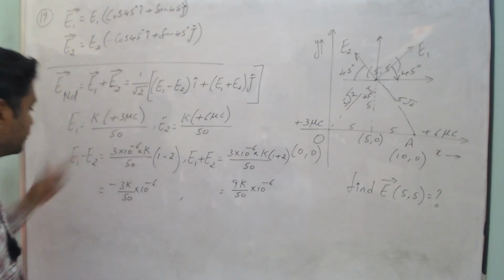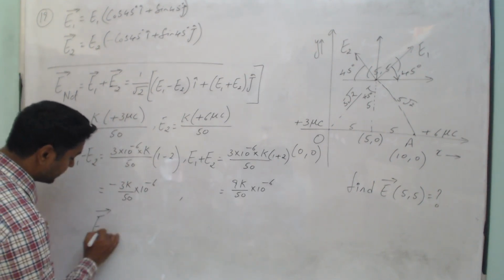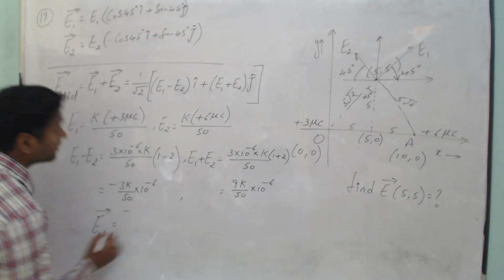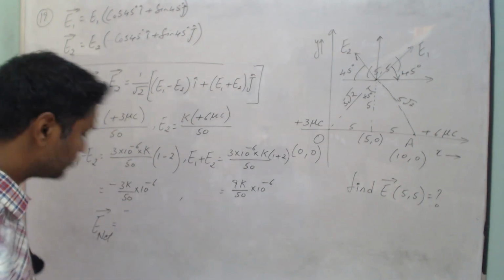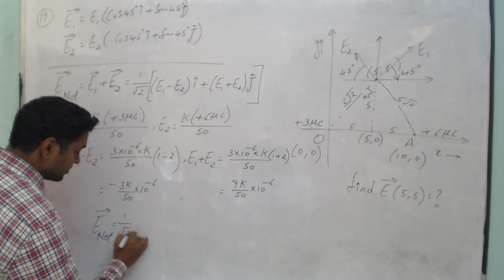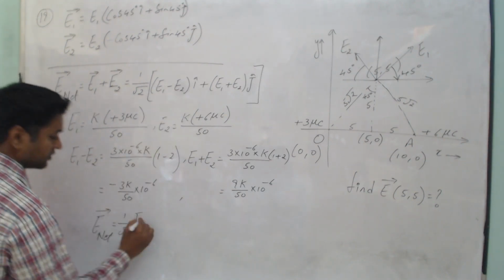Now substituting in this equation, I will get E bar net equal to, I have 1 by root 2 outside, so I need to take 1 by root 2 common, right? Then I have E1 minus E2 I cap.